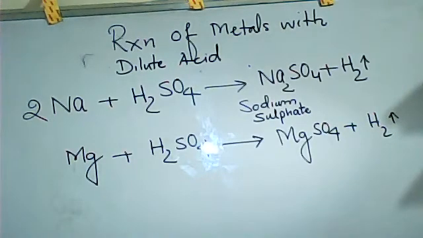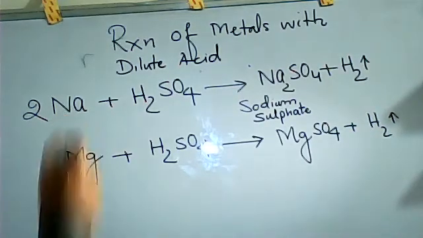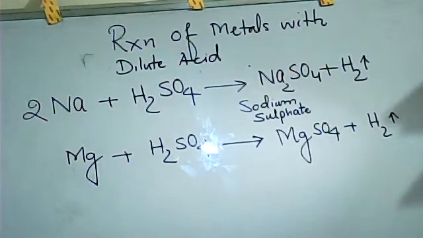Now, if we take a less reactive metal, what will be the product formed? For example, we'll take zinc. Okay, dear? So from these two metals, where we have seen sodium and magnesium, sodium is more reactive than the magnesium.